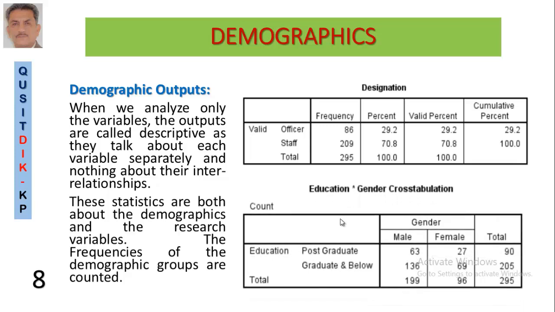Likewise, we can compute cross tabulation of education and gender. You can see these statistics are only about the variables, and there is nothing about their interrelationships or relations with other variables in the model.